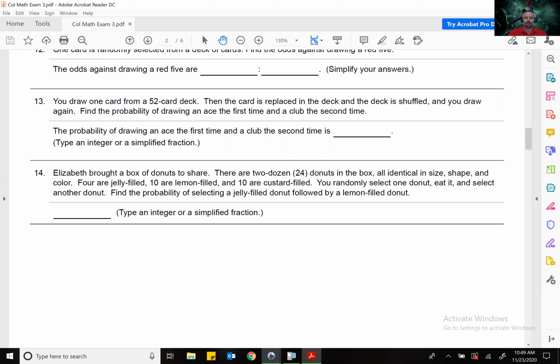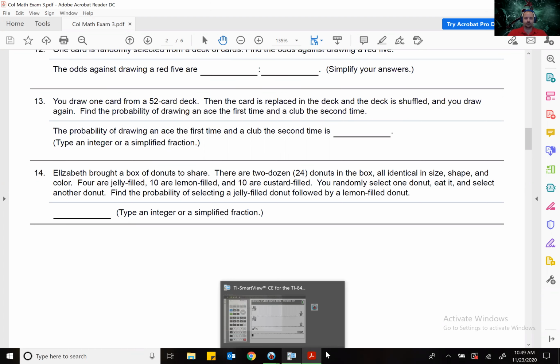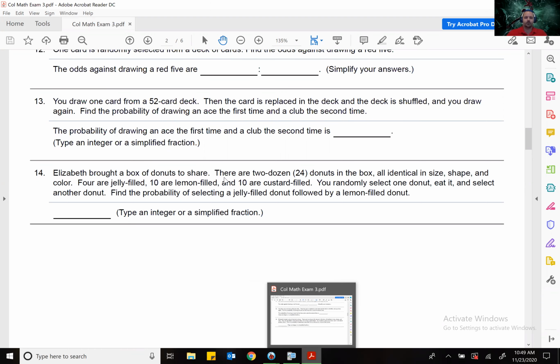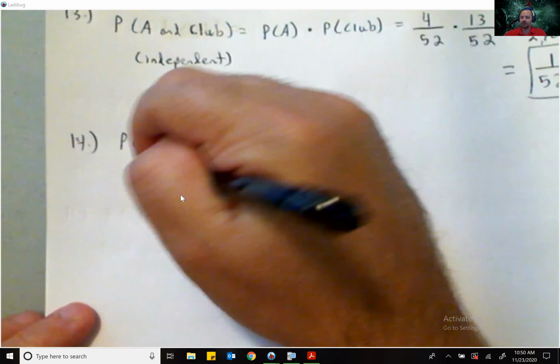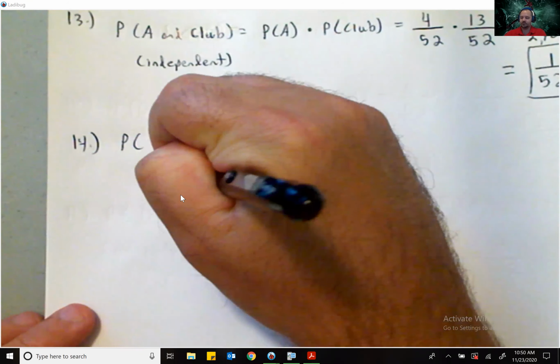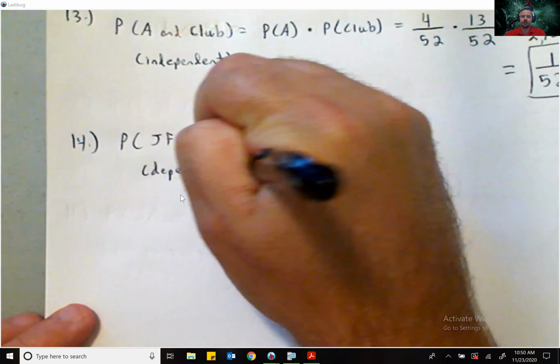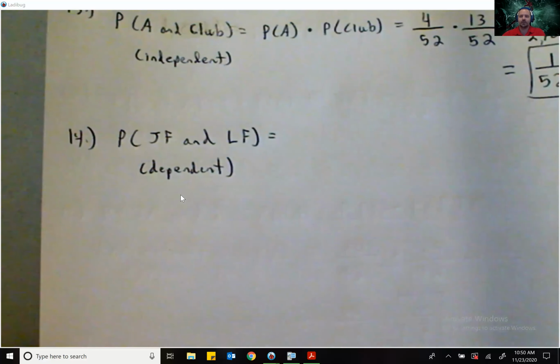All right. Jelly-filled, then lemon-filled. Remember, you eat it in between. So is this independent or dependent? In this case, this is going to be dependent, because the moment you eat the donut, you're not going to put it back in the box.